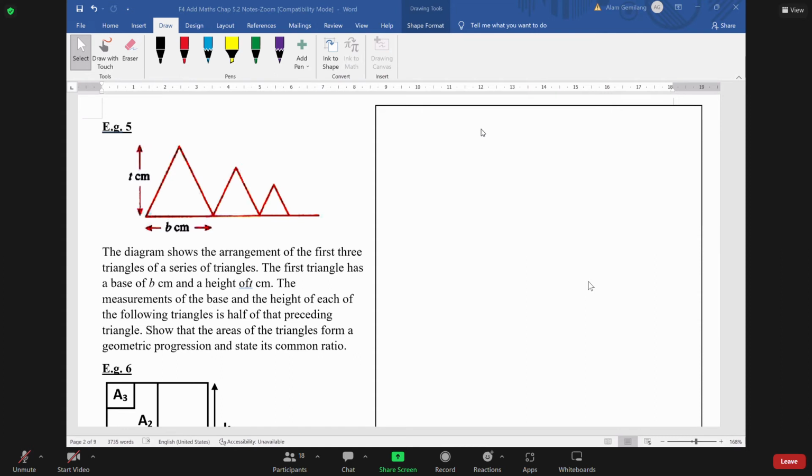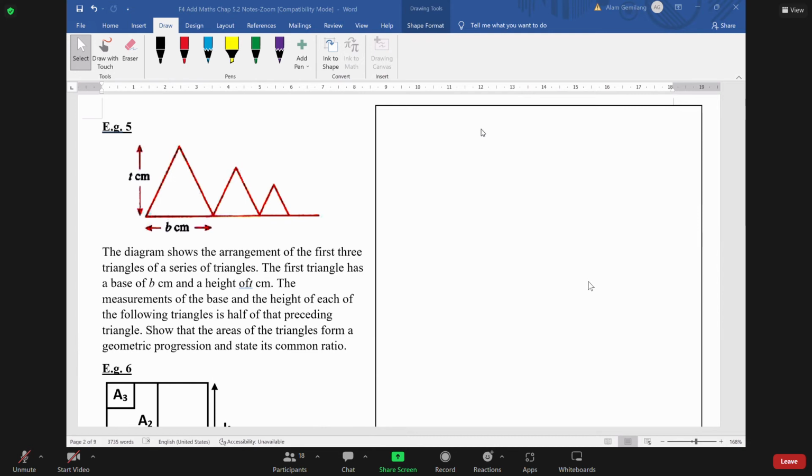Show the arrangement of the first 3 triangles of a series of triangles. The first triangle has a base of B cm and a height of T cm. The base and height of each following triangle is half of the preceding triangle. Show that the areas of the triangles form a geometric progression and state the common ratio.